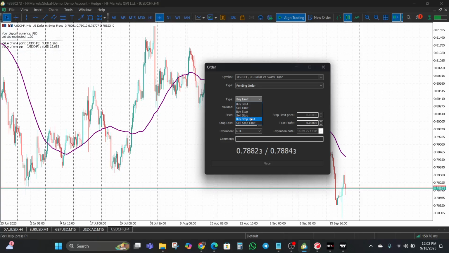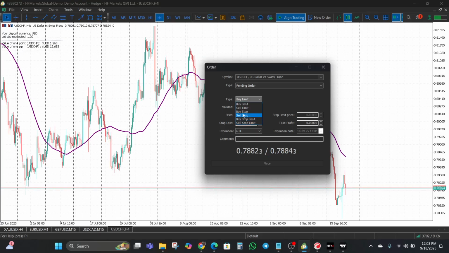Then buy stop limit is more like a combination of a buy stop and a buy limit. You're expecting price to go up, trigger a particular price level, come down, trigger a particular limit, and go back up. Then the sell stop limit is a situation whereby you're expecting price to go down, trigger a particular sell stop level, go up, trigger the sell limit level, and then come back down.